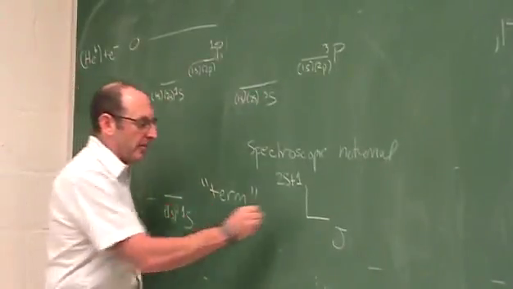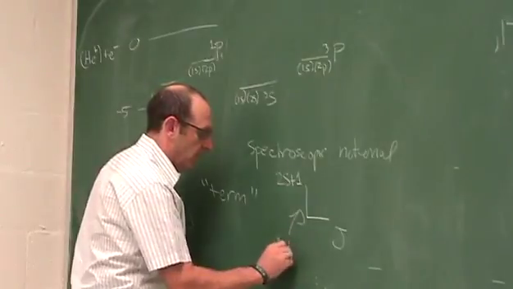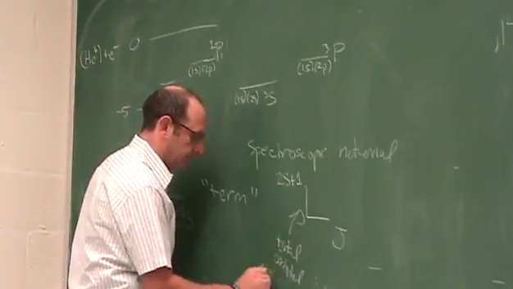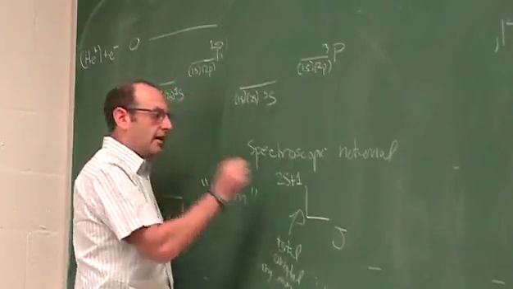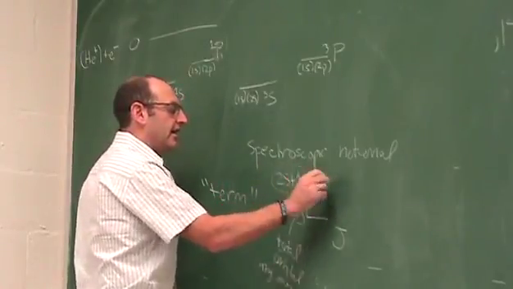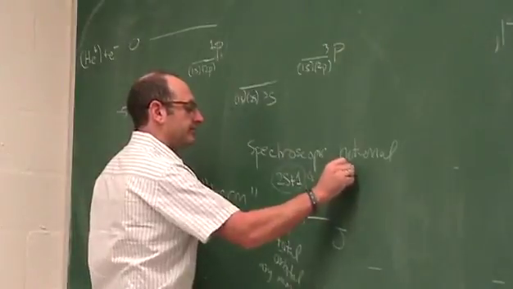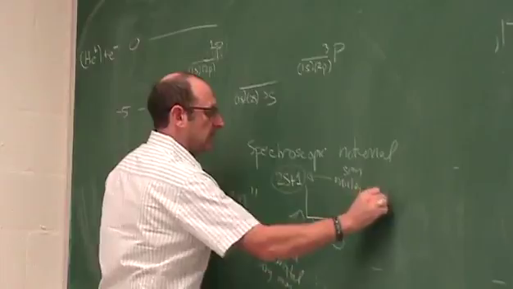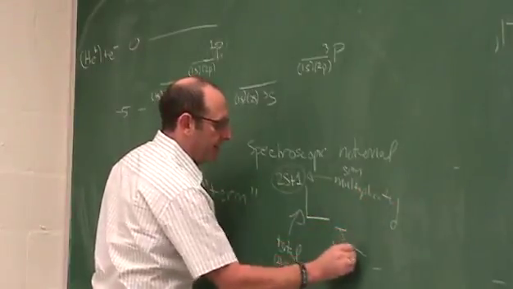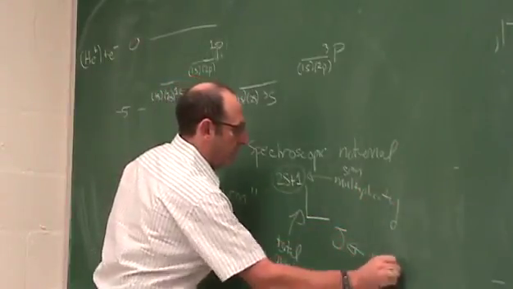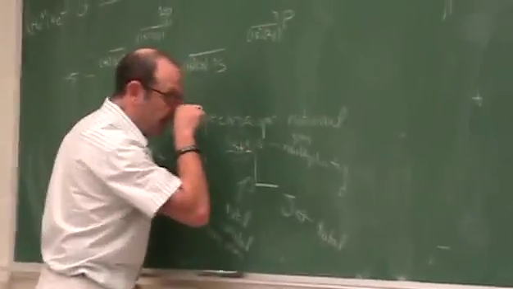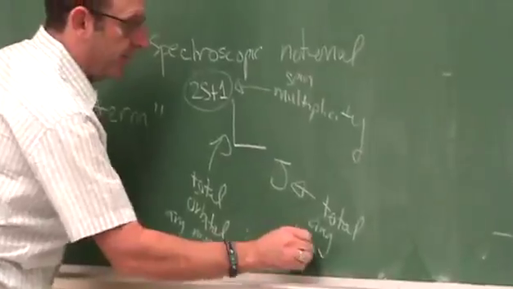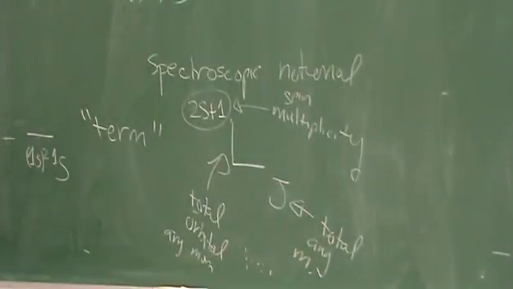L here represents the total orbital angular momentum. What goes up here is the multiplicity. And this is the total J when we include fine structure, both spin and orbit.